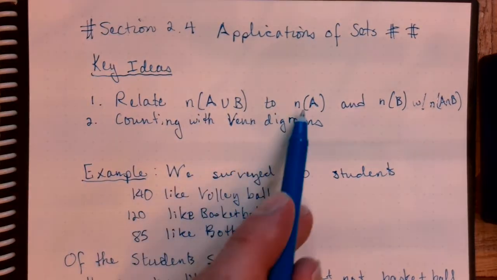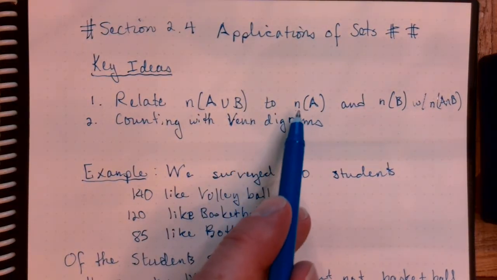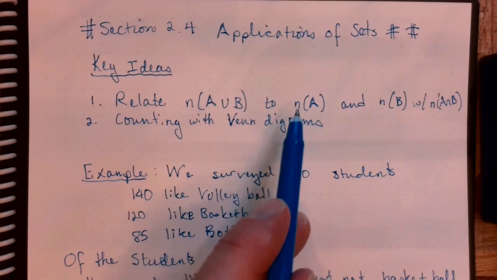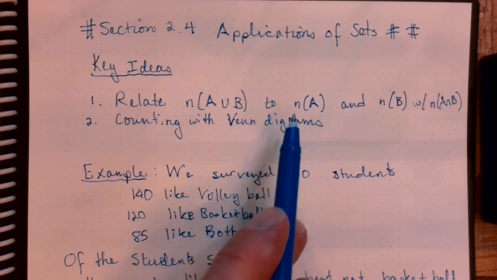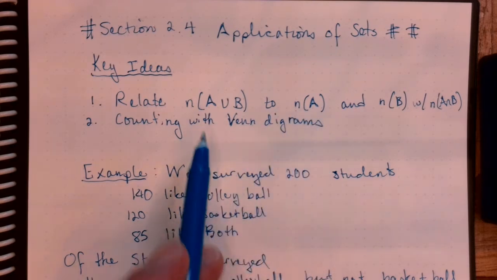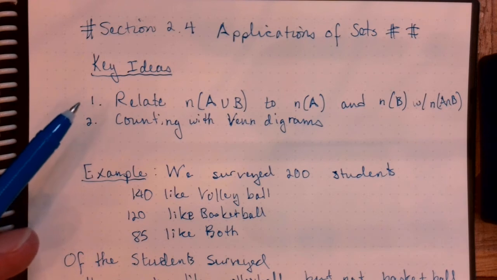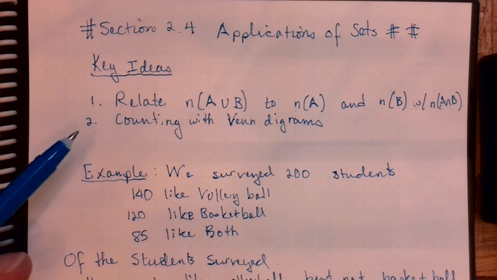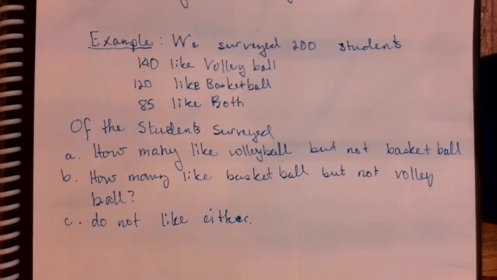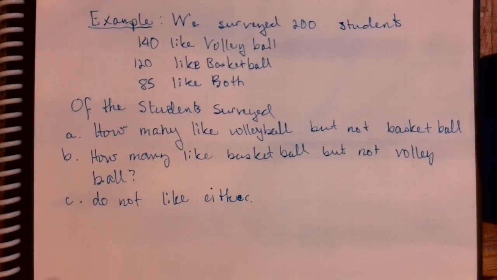Okay, so this little notation here, n of A, is the number of things in A, or if you want to use the appropriate vocabulary, this is the cardinality of the set A. Okay, so we'll talk about the relationships between these quantities, and we'll also talk about how to apply Venn diagrams to this counting business.